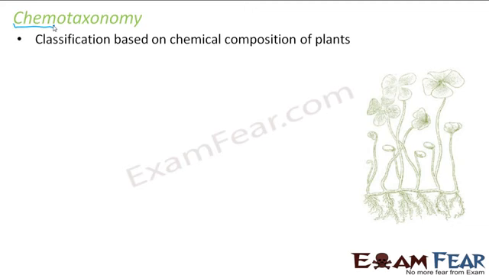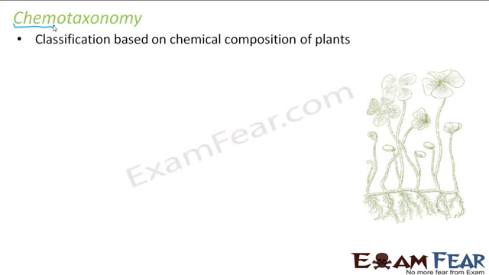So what do we see? We try to study the chemical composition of different plants, and based on the different chemical composition, we classify them into different types. Let us take some example. For example, lignin and flavonoids are common in all plant groups higher than bryophytes. Now it will be difficult for you to understand this.